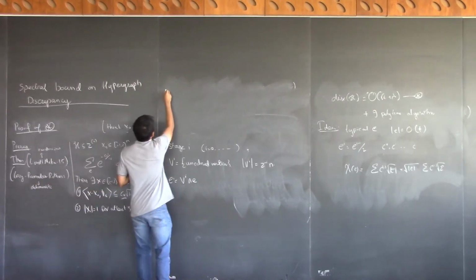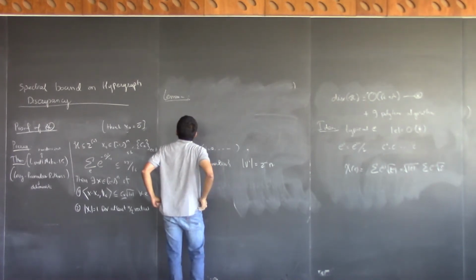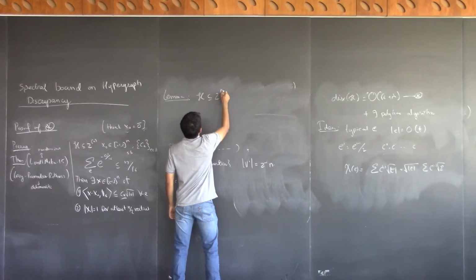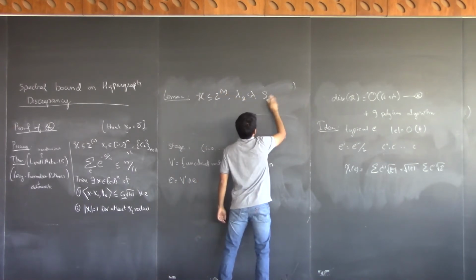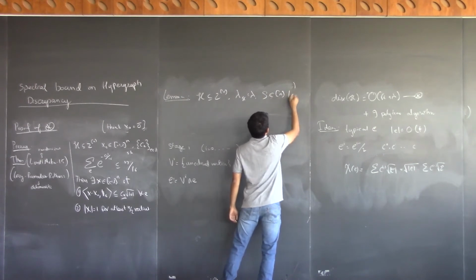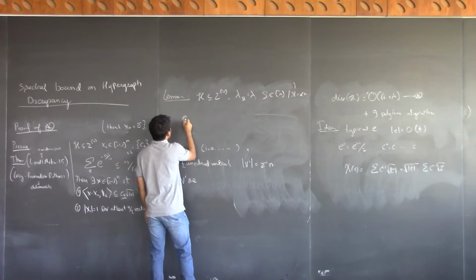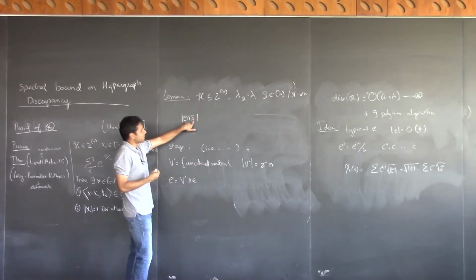So here's a lemma. Again, it's not hard at all, and I won't prove it. And S is a subset. Right, and the point is, what do you expect the size of this to be?